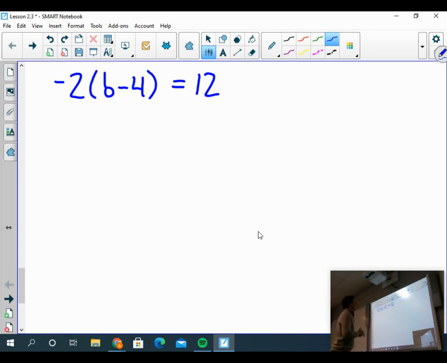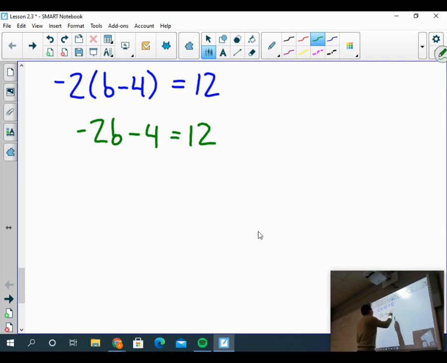Let's divide or multiply depending on what's attached to the variable, what type of coefficient, and go from there. But here we have these parentheses, okay? And unlike in the past where we've seen negative 2b minus 4 equals 12, what we see here is that negative 2 is not only applied to the b, but it's also applied to the minus 4.